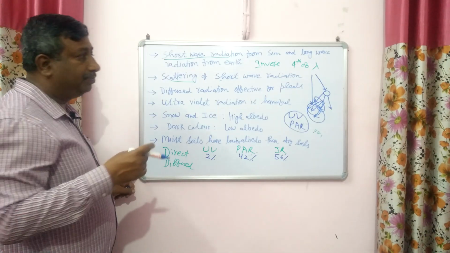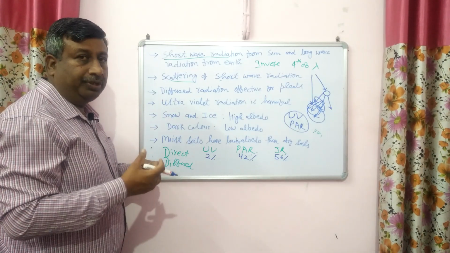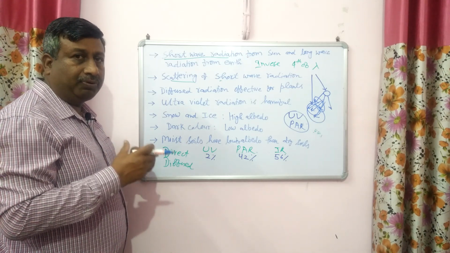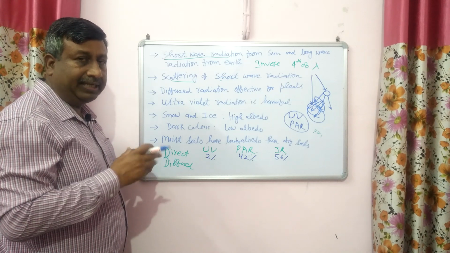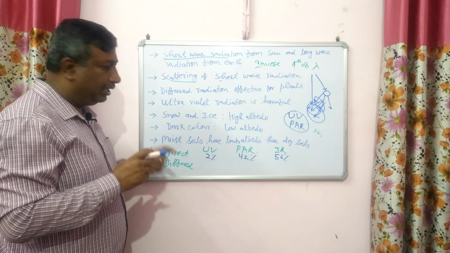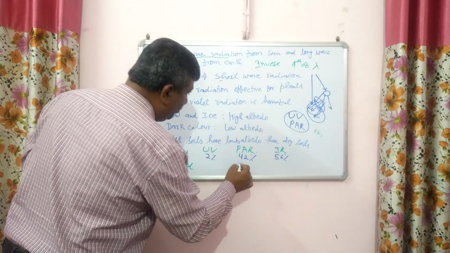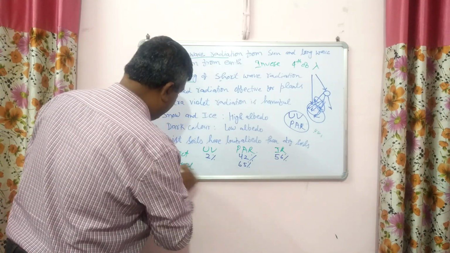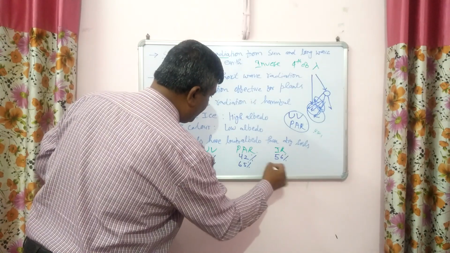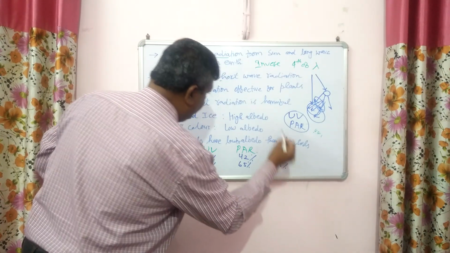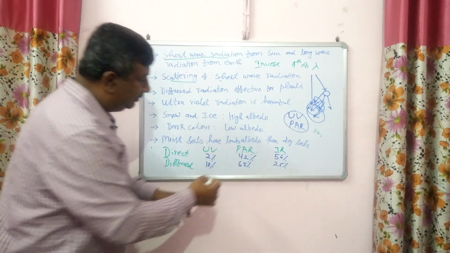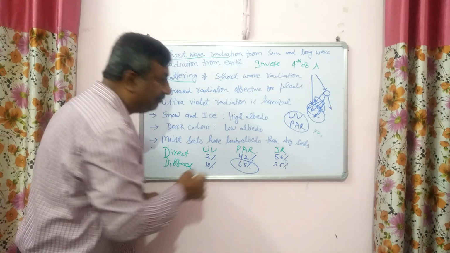But in diffuse radiation, there is more scattering of short wave radiation. So diffuse radiation has more ultraviolet and PAR, that is visible light, and PAR is responsible for photosynthesis. So the amount increases: PAR is about 65% in diffuse radiation, and infrared is about 10%, and UV is about 25%. So this is the reason that in diffuse radiation there is a greater amount of photosynthetically active radiation.